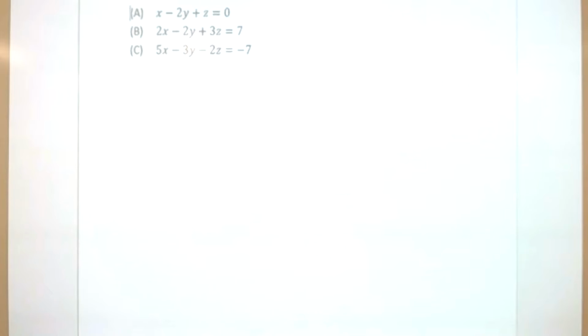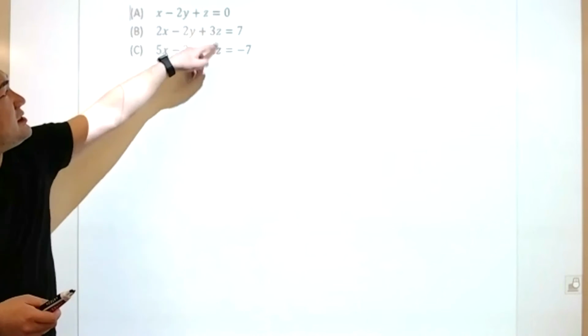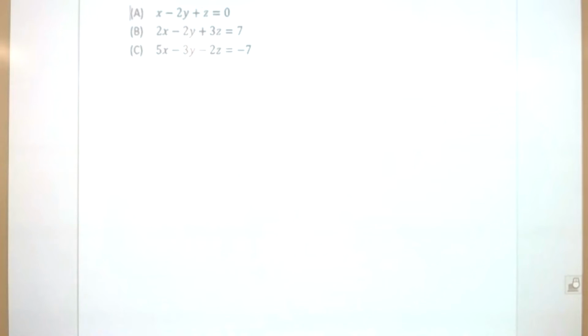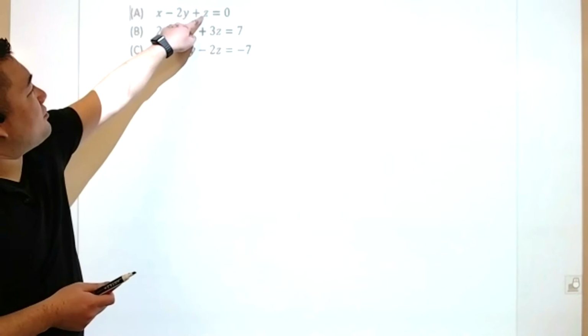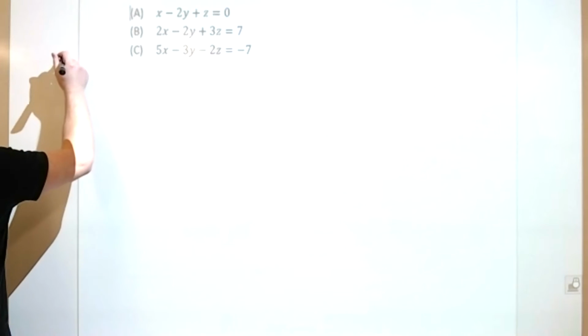So this time, let's get rid of z. I'm going to use the combination of A and B to eliminate z. To do that, I would need to multiply equation A by 3 so that I've got 3z here and 3z there. So to start things off, I'm going to have 3 times A.